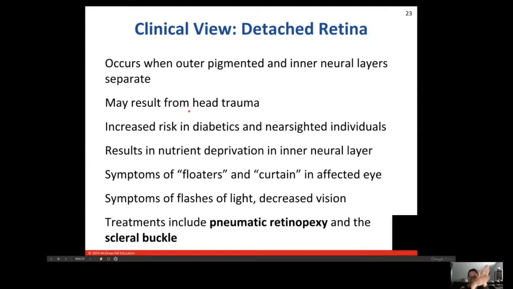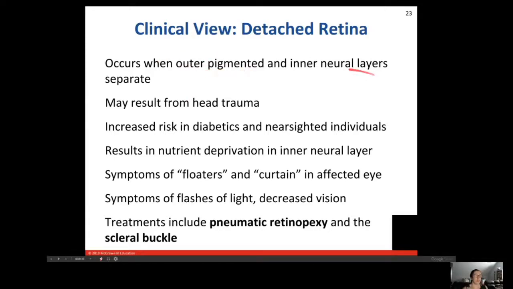So the retina is the very back of the eye, and it actually sits on top of the choroid, but it's not really as connected as it could be. The vitreous humor is going to be pushing it back and squishing it onto the choroid. But sometimes the retina can become what's called detached, and so it kind of floats away, or maybe some of the vitreous or some stuff gets in between the retina and the choroid.